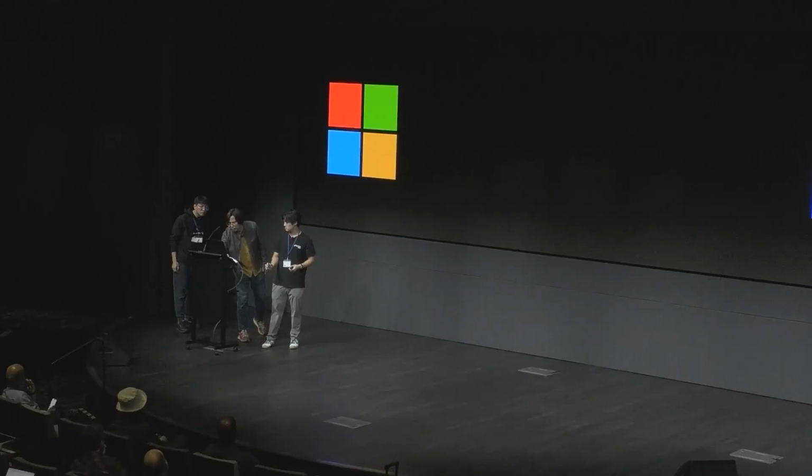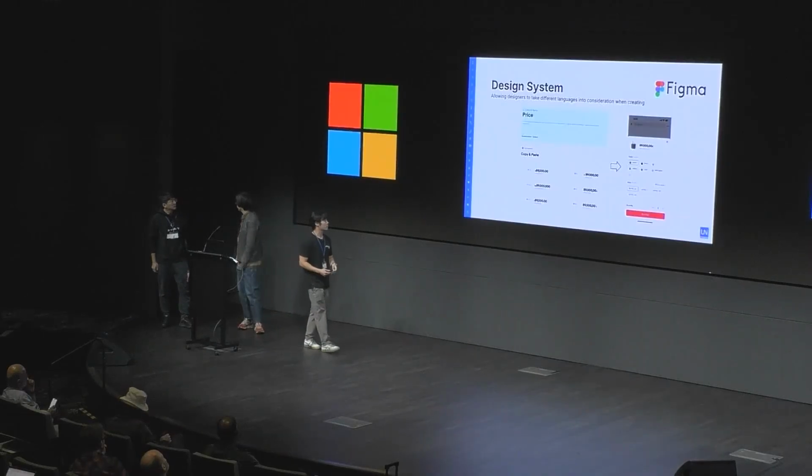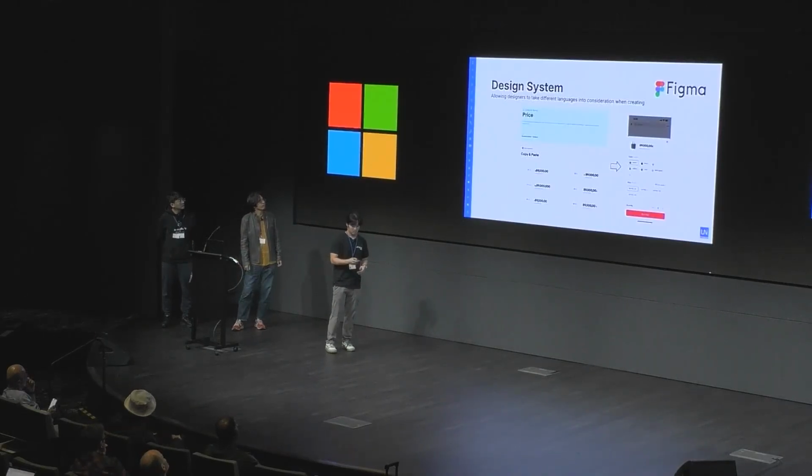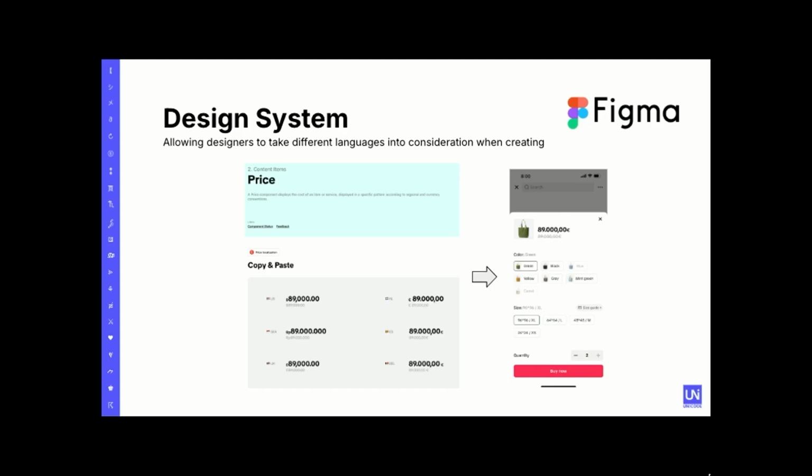And the reason why this is so important is that there are definitely some differences between languages that, if you're not aware as a designer, you might design a component completely differently. So this is actually a component that I worked on relatively recently.